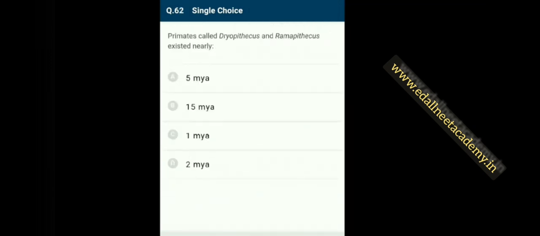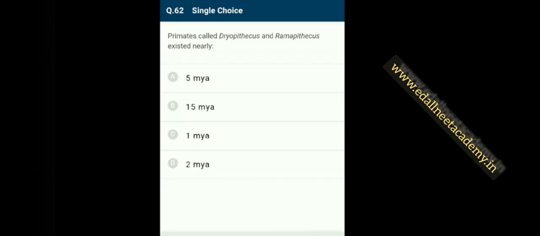Question number 62. Primates called Dryopithecus and Ramapithecus existed nearly... Human evolution is a gradual process leading to the emergence of modern humans. It is characterized by a number of changes in morphology, physiology, and behavior which have occurred since the split between the last common ancestor of human and chimpanzee.